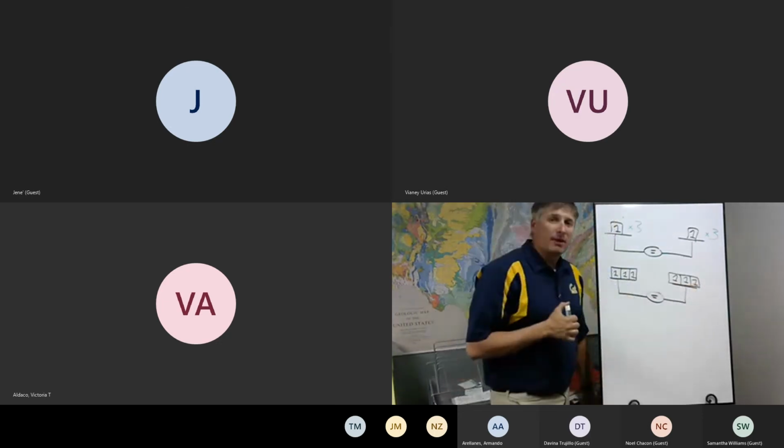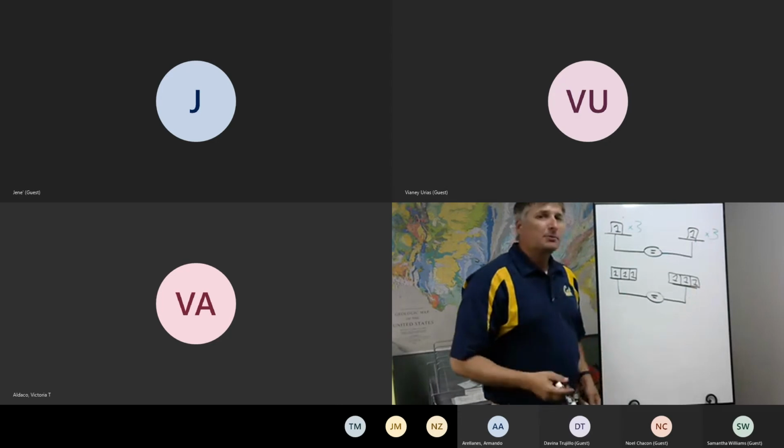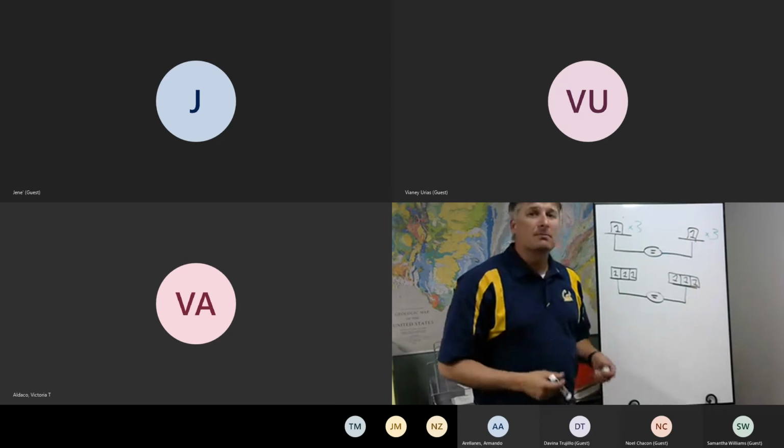And so things remain balanced. We have 3 pounds on each side. This is the multiplication property of equality.